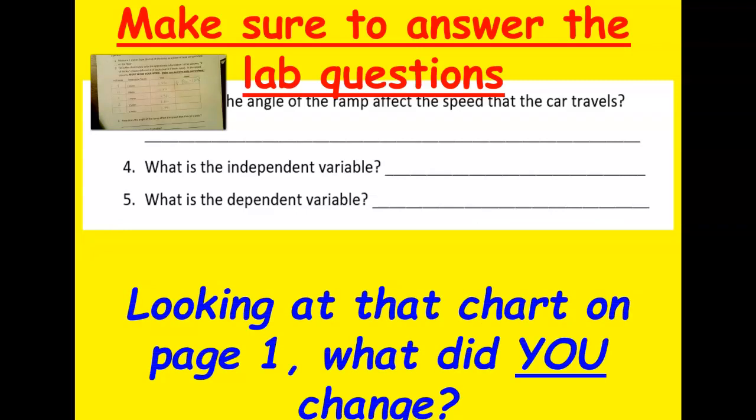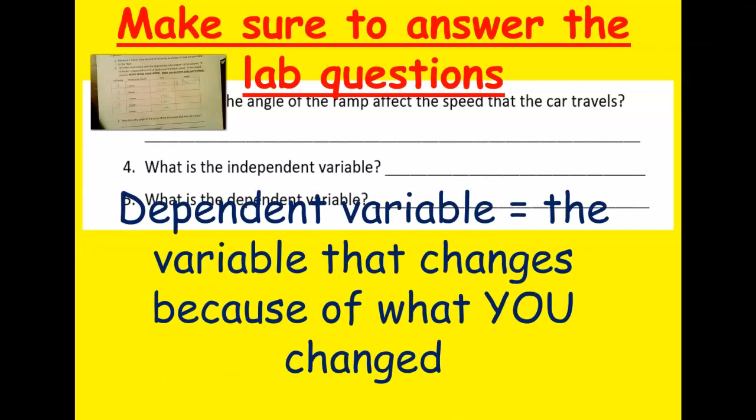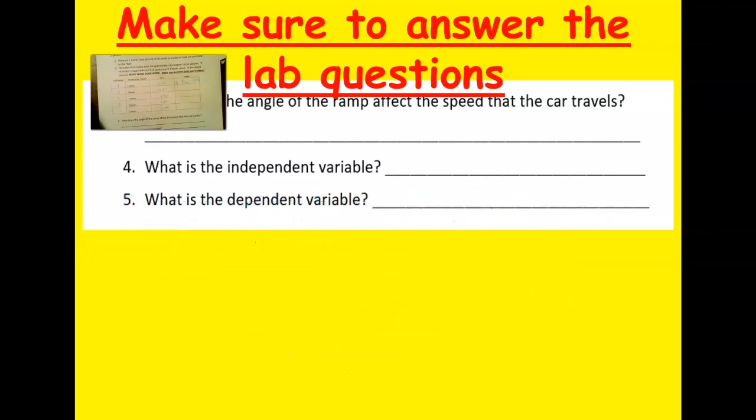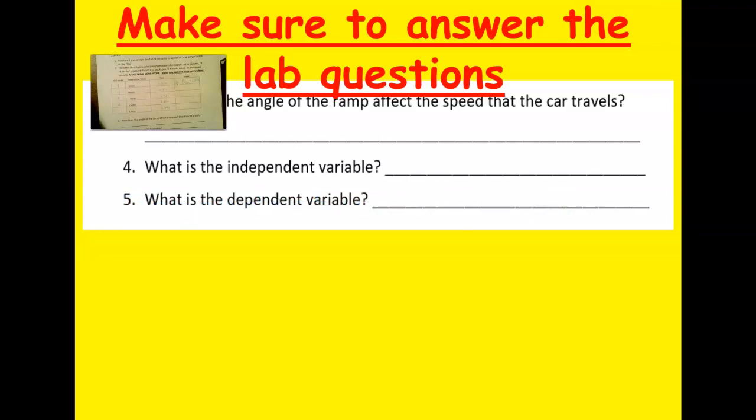Look at your chart. What was the one thing that you changed? The dependent variable is the variable that changes because of what you changed. Think about when you change something in your data collection, what changed because of what you did. That is how you're going to answer those 2 questions.